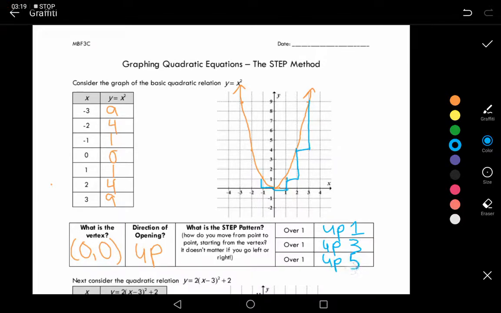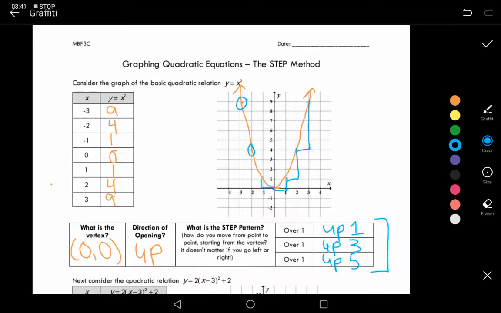Okay, so this is something that we call the step pattern. And you'll notice if I follow that pattern, I will get to the other side too. If I go on the left, so over 1, up 1, there's a point. From that, over 1, up 3, there's my point. Over 1, up 5, there's my point.